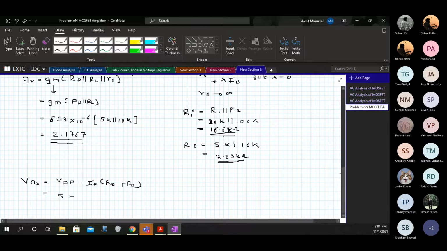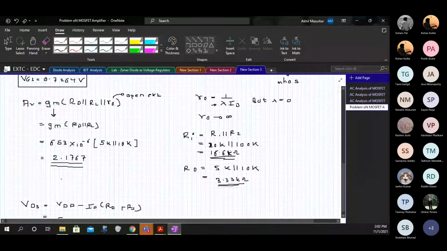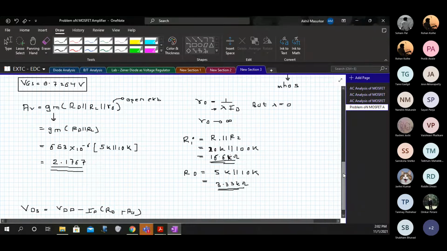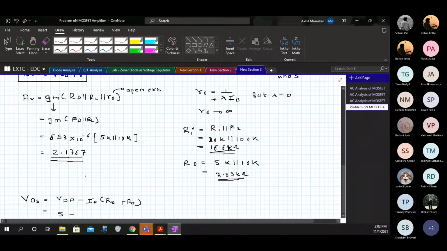How much is that? 106.5 microamperes, and RD plus RS is 5K plus 1K.